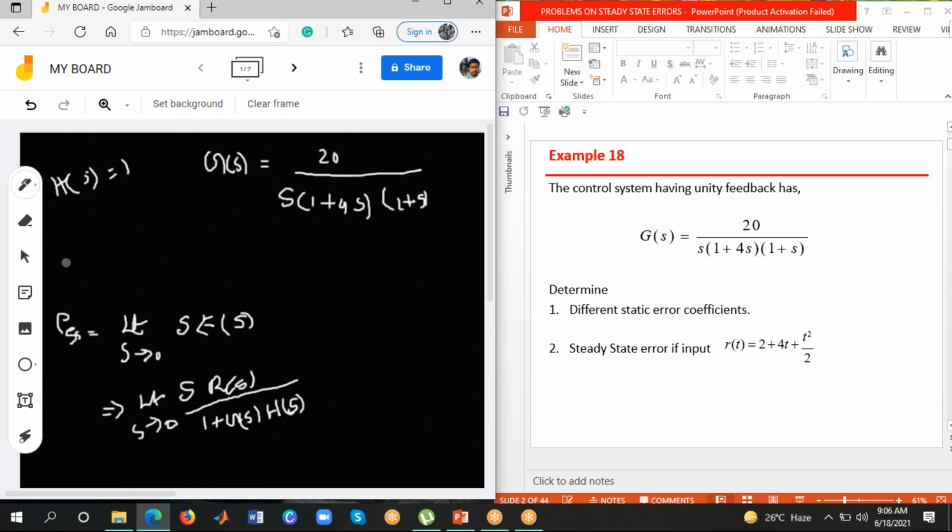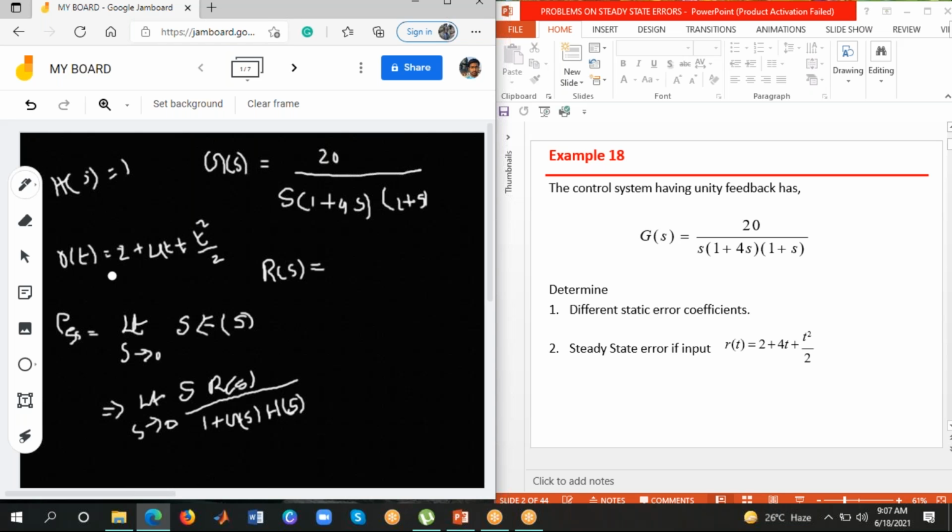But in the given problem, the input is given in the time domain. So R of t is equal to 2 plus 4t plus t square by 2. Now you have to apply the Laplace transform to this equation, then you will get R of s. What do you get for R of s here?